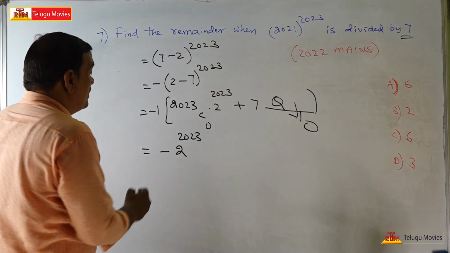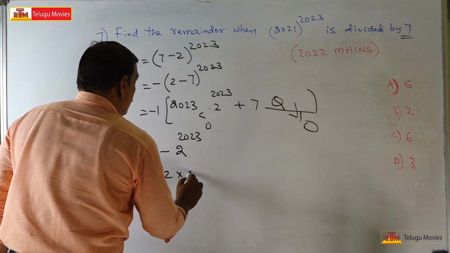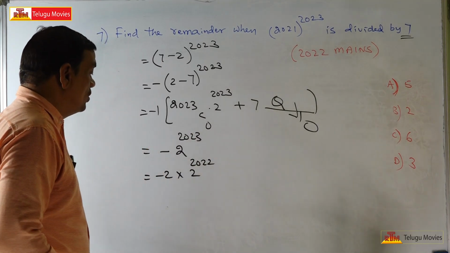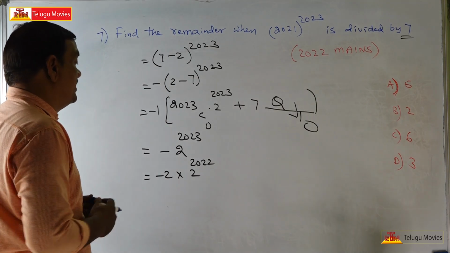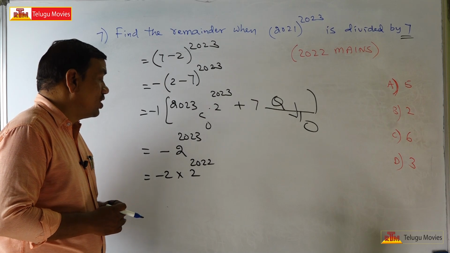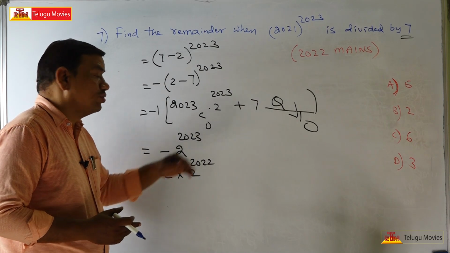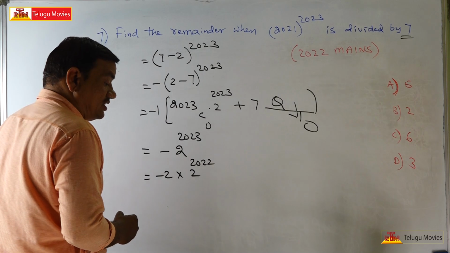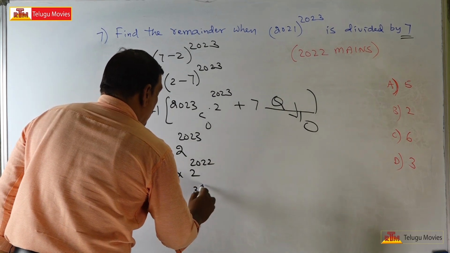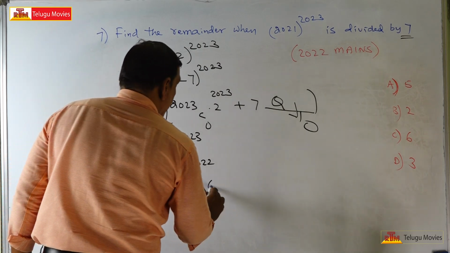So this can be written as minus 2 into 2 to the power of 2022, taking minus 2 common, so 2022 plus 1 is 2023. Now this can be written as minus 2 into 2 cube whole power 674.